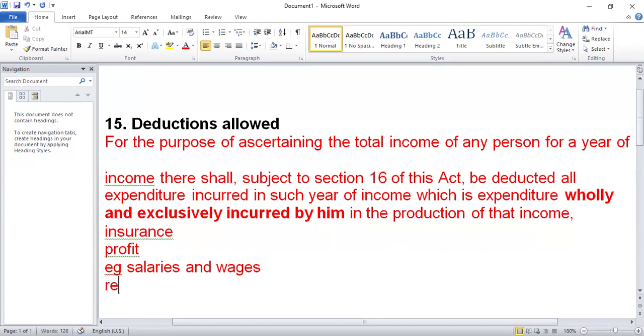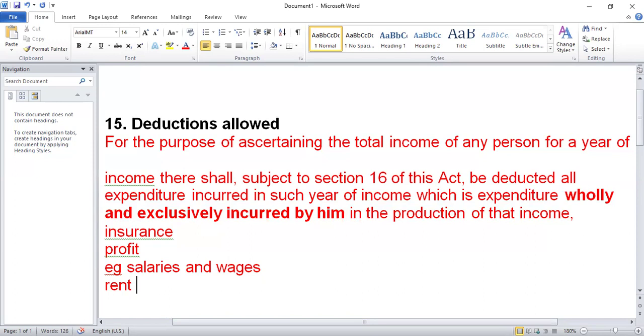And you can see rent. Rent is also an allowable expense because it is wholly and exclusively incurred in the production of the profit of the insurance company. When they are paying rent, they incur rent so that the premises can have that operation, the building.